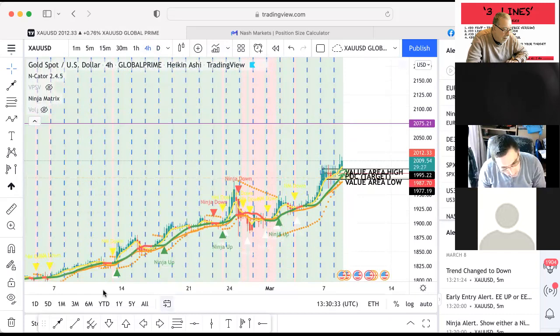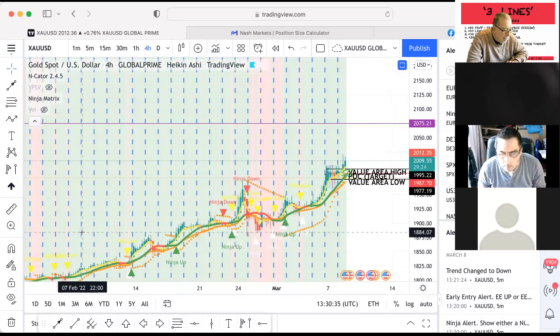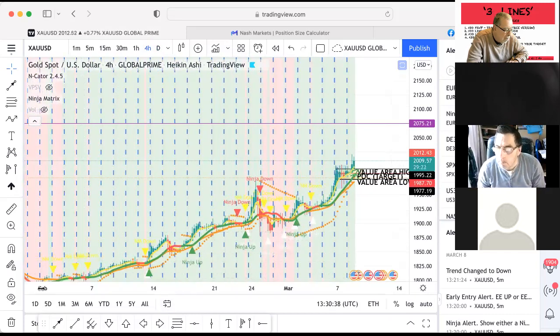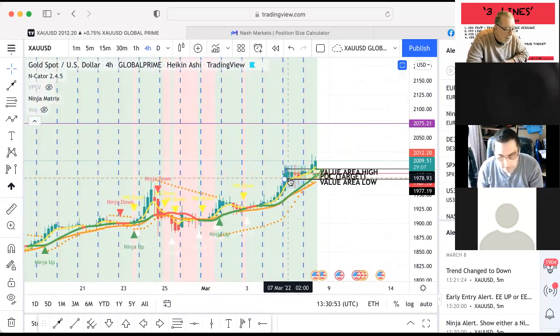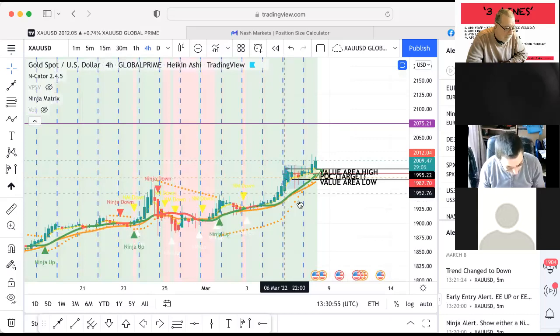Gold has been on an uptrend since certainly back in the beginning of February. That was the 31st of January. So even if we just look at the 31st of January, it's been going upwards, and it's been forming higher highs almost every day.